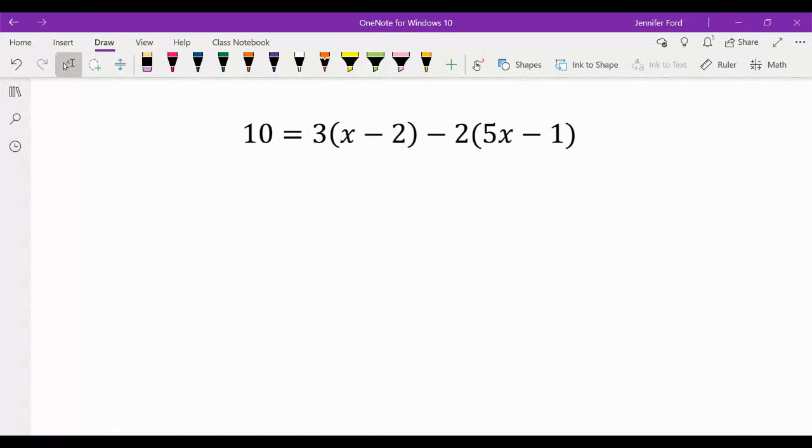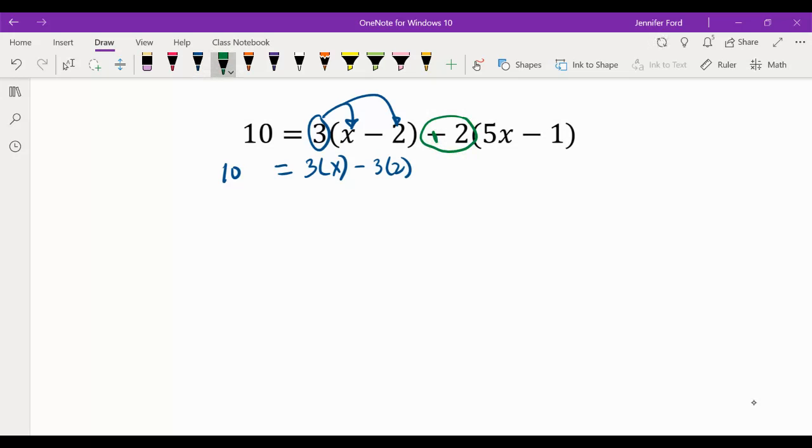All right. With this one, the first thing that I would do is the distributive property. So I'm going to say 10 equals 3 times x, and then minus 3 times 2. And for this side, this minus 2 is the same thing as adding a negative 2 times what's in the parentheses. So I'm going to go negative 2 times 5x.